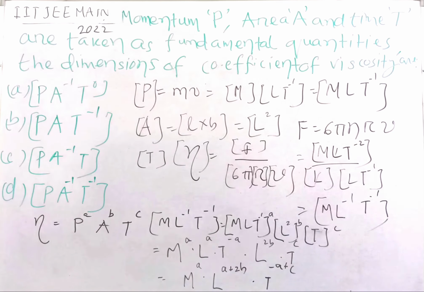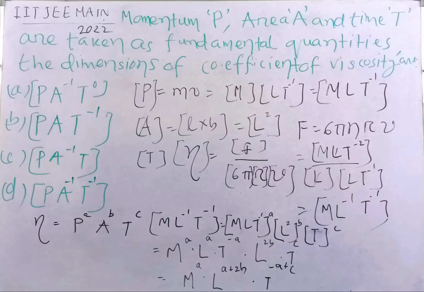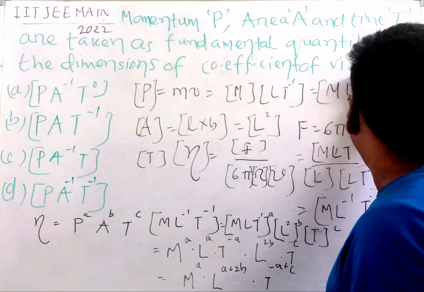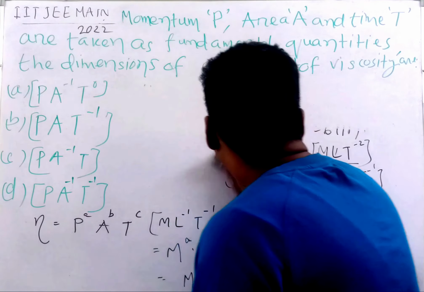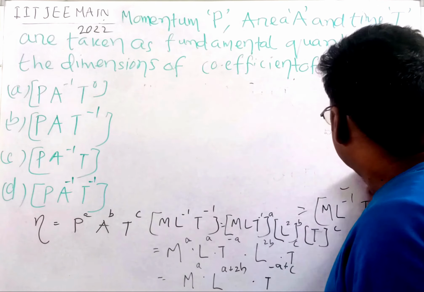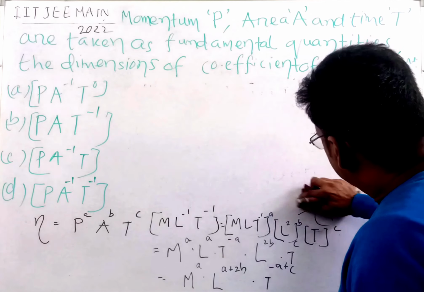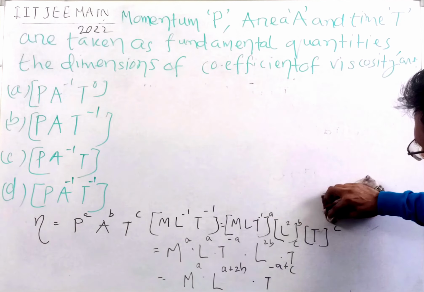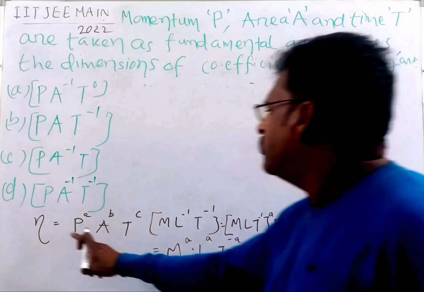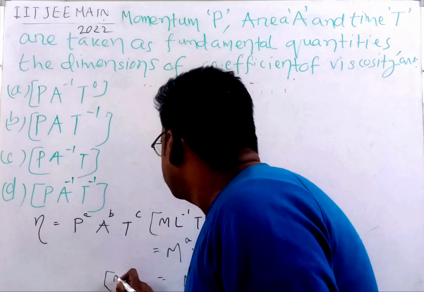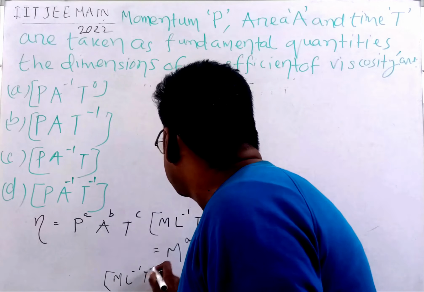Students, we know from the homogeneity of dimensions that the dimensions of physical quantities, mass, length and time, on the left hand side of an equation are the same as that on the right side of the equation. Okay students, so what is the dimensions of eta? That is M L minus 1 T minus 1.